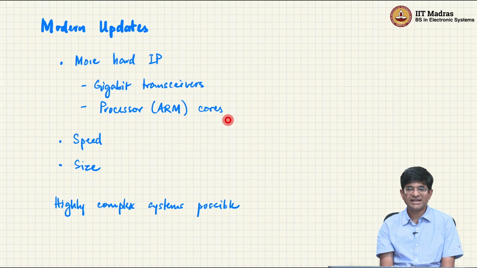Building on top of these, extremely complex systems are possible. In fact, for those of you who are familiar with things like 5G communications, a lot of the base stations and in fact the test bed being developed at IIT Madras, all of those extensively make use of FPGAs for most of their computation, because these are algorithms that are living, that are continuously being upgraded and adapted.